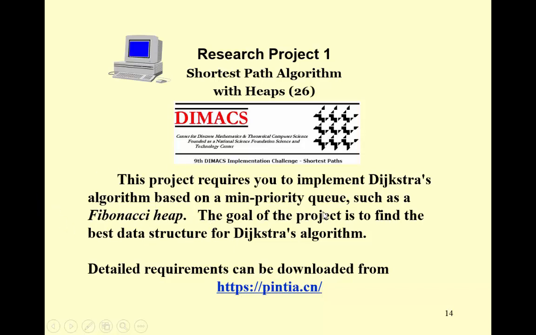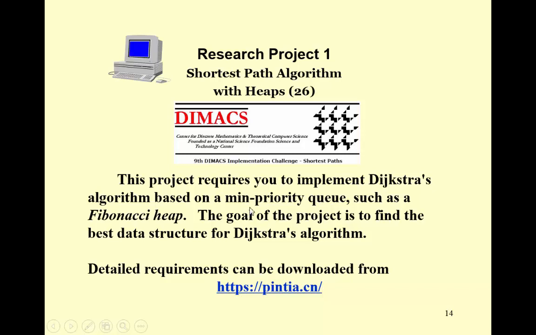Being greedy means every time we collect the one with the smallest distance. It means that we can maintain all the distances in the min priority queue, in the min heap. So every time we just call delete min to obtain the new vertex with the smallest distance, right?